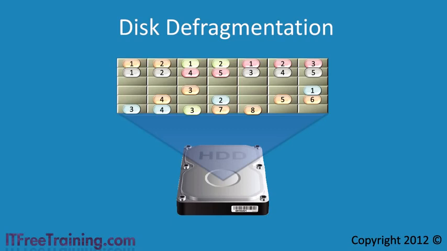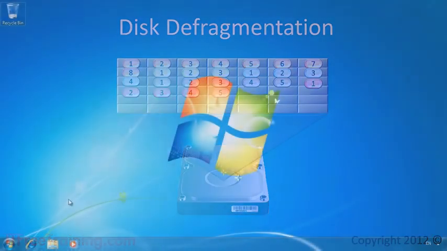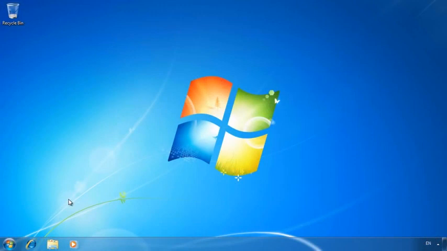Disk Defragmenter will take all the files on your hard disk and rearrange them so that they are all in the one place. This means that when you read a file, the hard disk only does one seek to access the file. I will now change to my Windows 7 computer to demonstrate how to use the Disk Defragmenter in Windows 7.